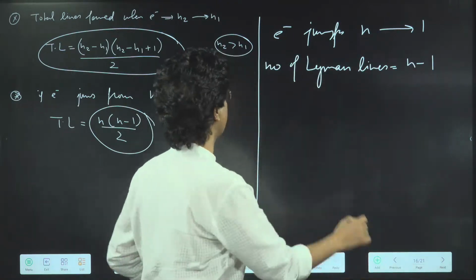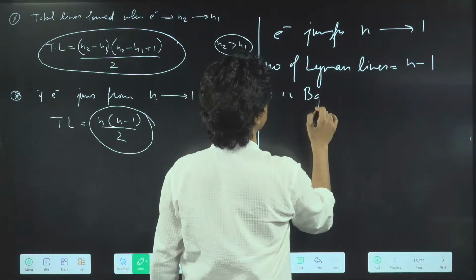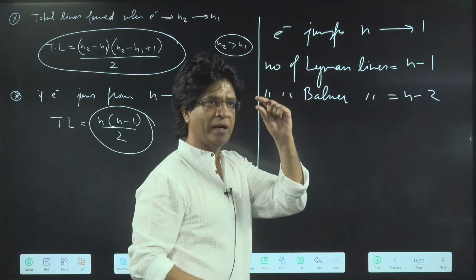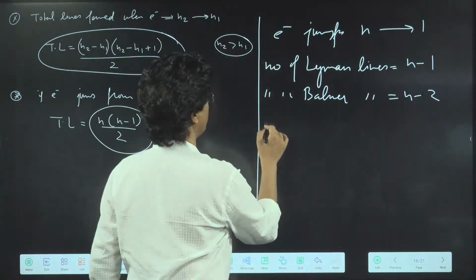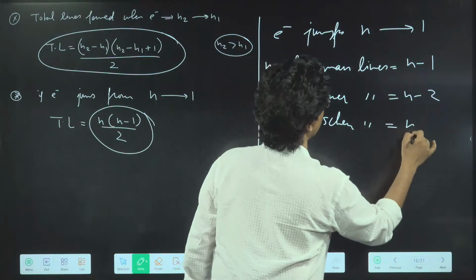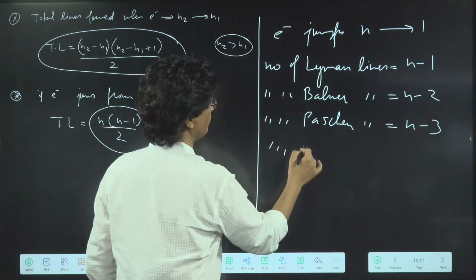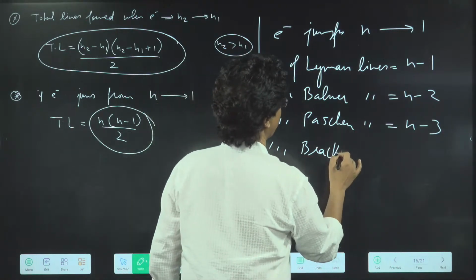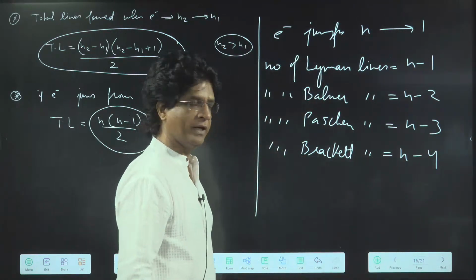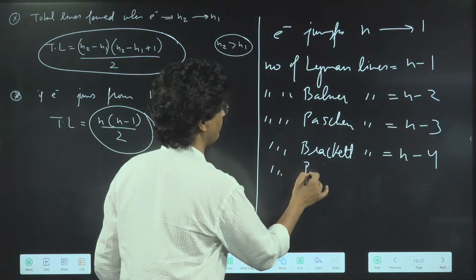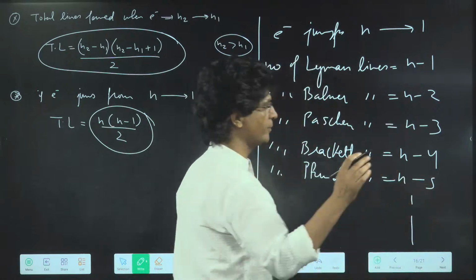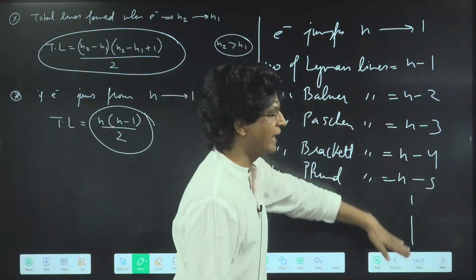The number of Balmer lines will be n minus 2, just one line less than the Lyman lines. The number of Paschen lines will be n minus 3. The number of Brackett lines will be n minus 4. And the number of Pfund lines will be n minus 5, and so on. Each will be just one less.